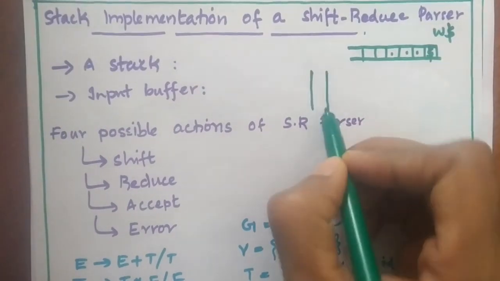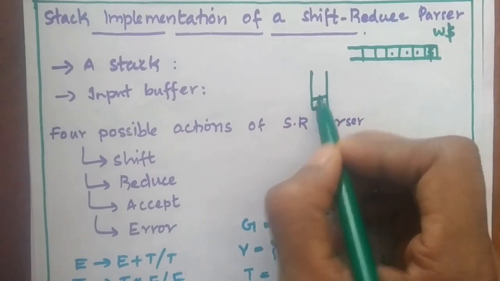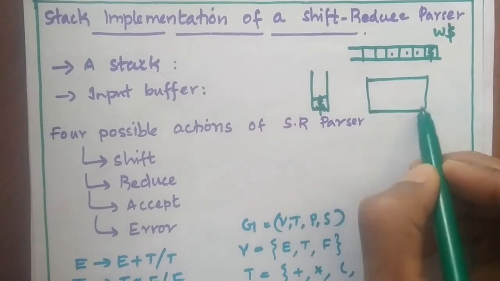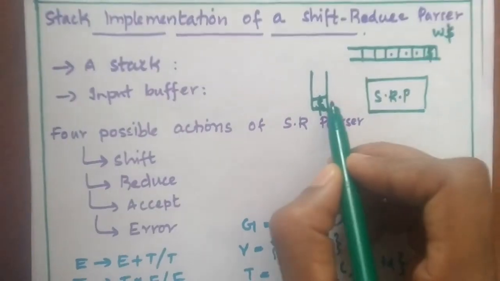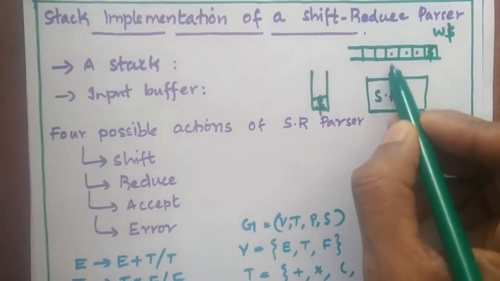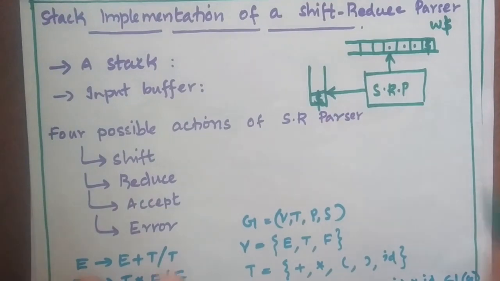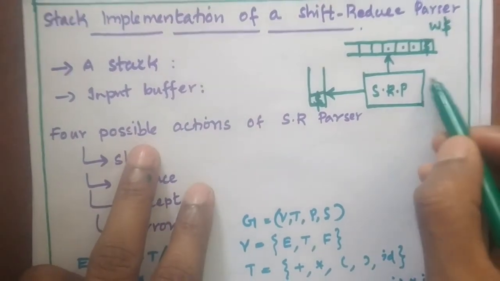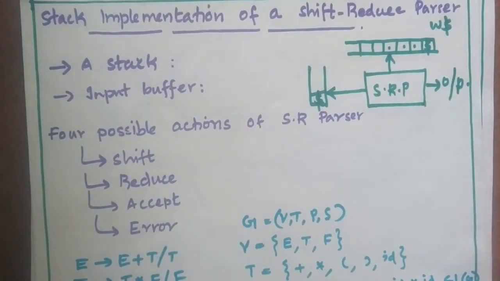We have a stack in the SR parser, and the stack end marker is $. Then there is an SR parsing program, connected to the input buffer and the stack top, and this SR parser gives output based on the parsing operation.